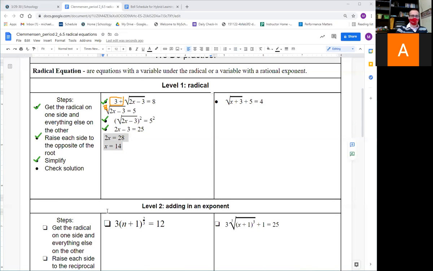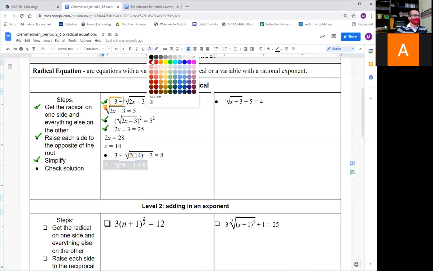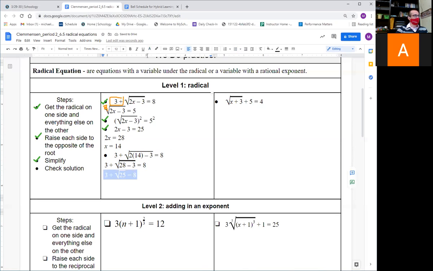Check our solution. With our check our solution step, all we're going to do is plug in this 14 to our original equation and see if it works out. So we plug it in and simplify. 2 times 14 gives me 28. 28 minus 3 gives me 25.